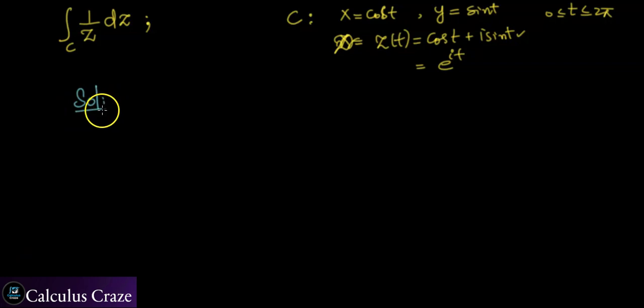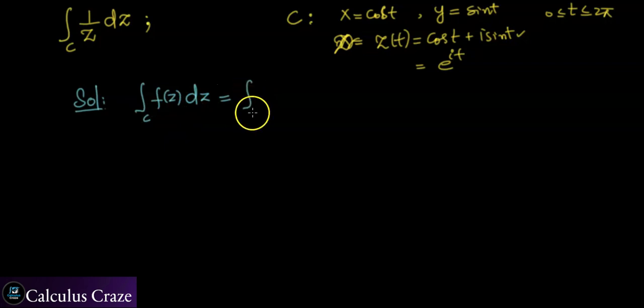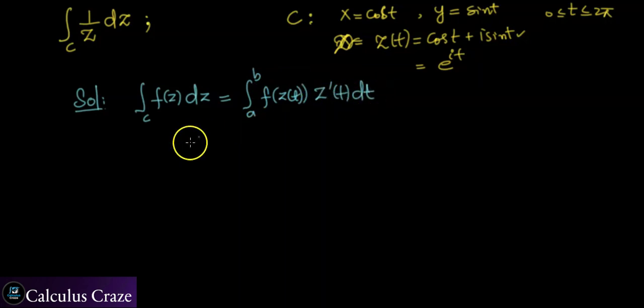So let's solve. I'll write down the formula, and the formula says that if you want to integrate a complex valued function over a contour, then its integral is given by the integral from a to b of f of z of t times z prime t dt, where z is of course the parametrization.